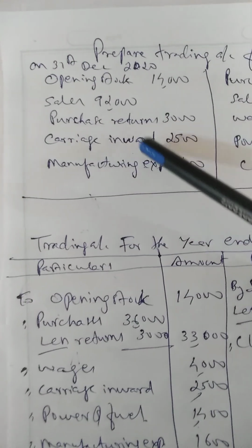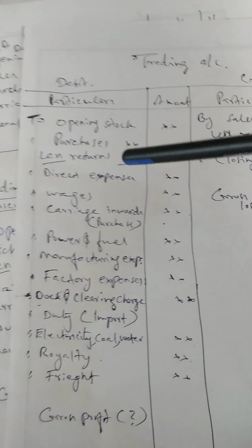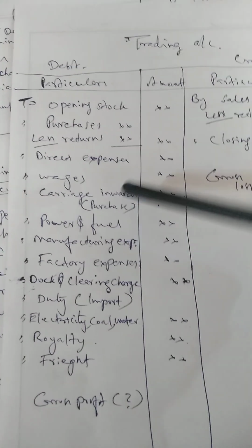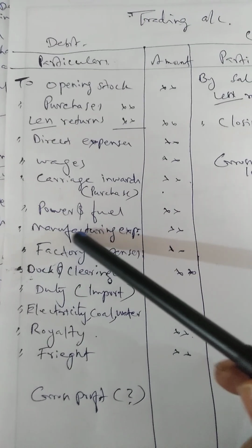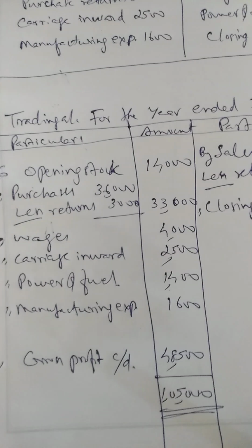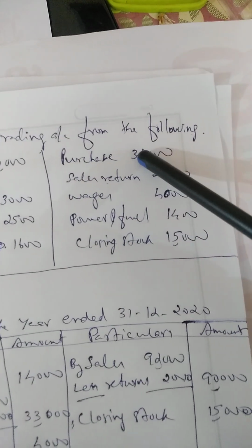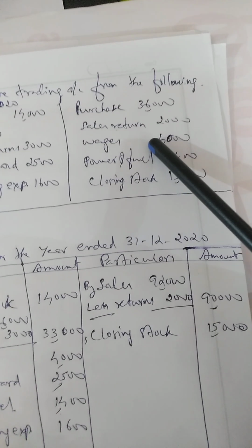Then the next item, manufacturing expense. Okay, check the format. Manufacturing expense is a debit item in the trading account, so it is debited here. Okay, now the next item, purchase already written, then sales written, wages is here.